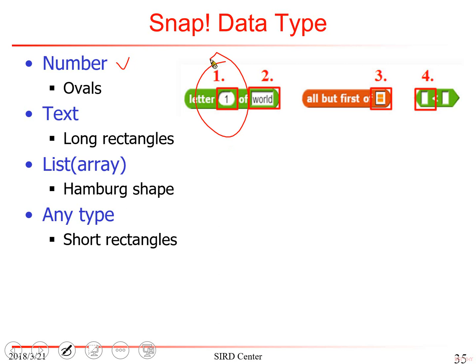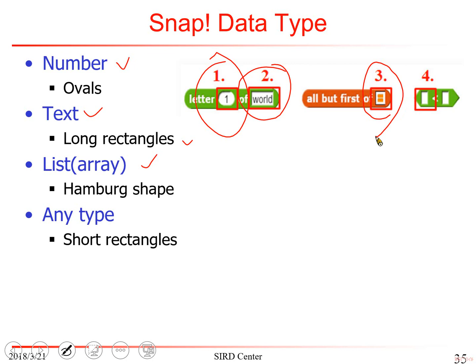And the second thing is text. Text is represented by long rectangles here. So if the rectangle shape appears here, then you know you have to put some kind of text. The third one is a list, some kind of unlimited array, and it has a hamburger shape. So actually it's a small rectangle, and inside there's a hamburger.